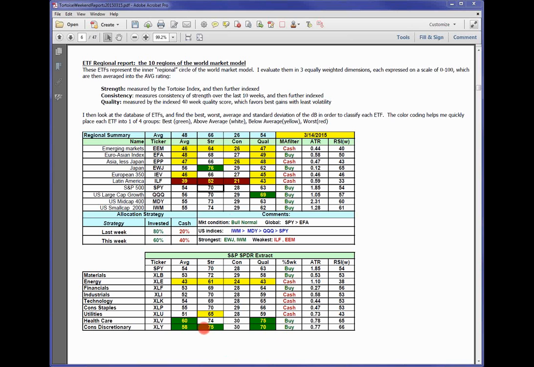In the sector spiders, consumer discretionary is the last best hope for humanity. Healthcare went from green to white, so it's backed off a little bit. Energy is out of the red and is now up into the yellow once more, and utilities have started to make a little turnaround, moving up into the yellow as well.